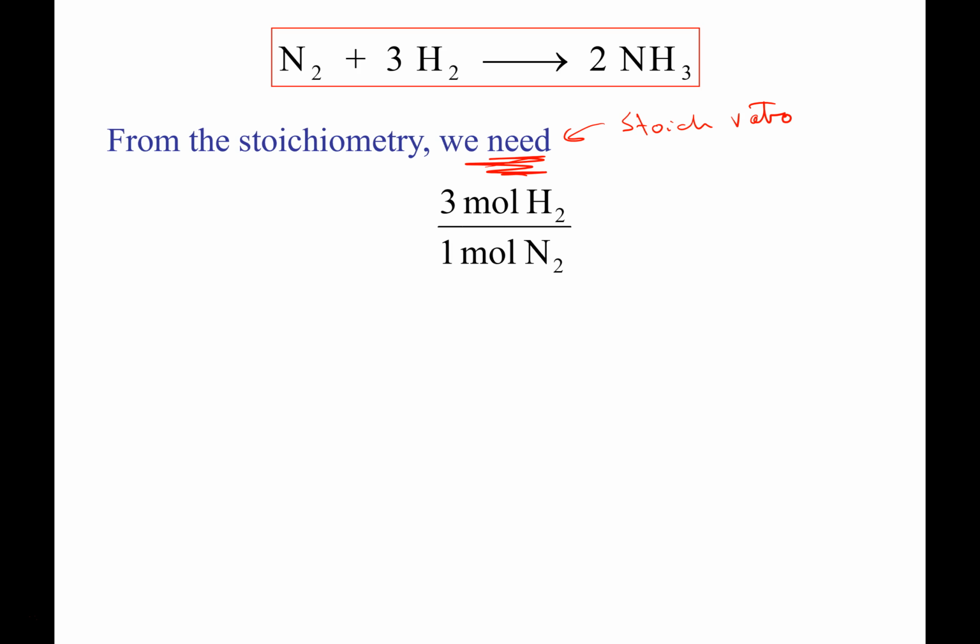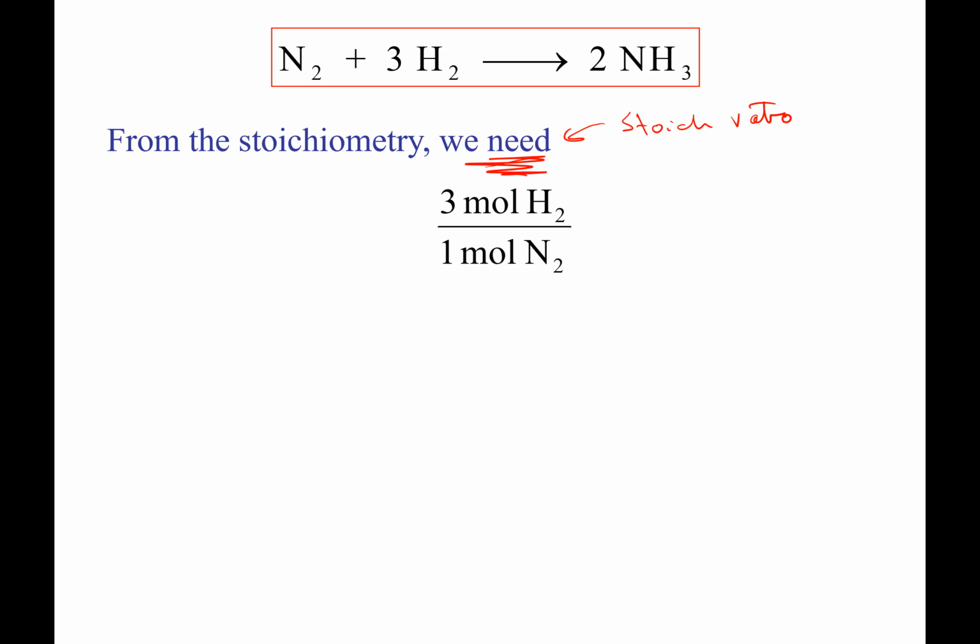You could have done it the reverse, but whatever ratio you go with, you have to do it both for the need and the have. So we would say then, of course, 3 divided by 1 is 3. So we have 3 moles of H2 for every 1 mole of N2. 3 moles of H2 per mole of N2. Sometimes I chant it to myself. So that's what we need.